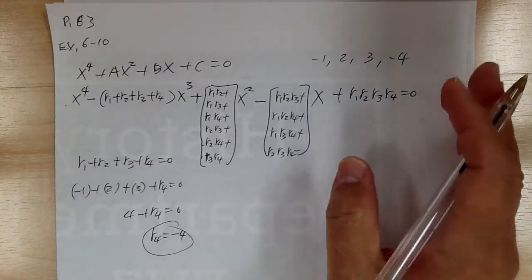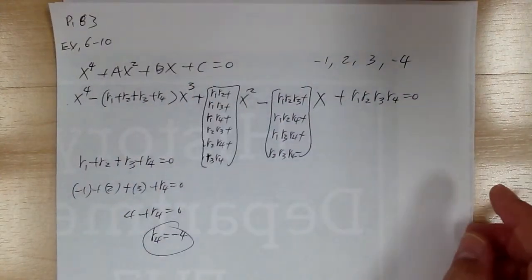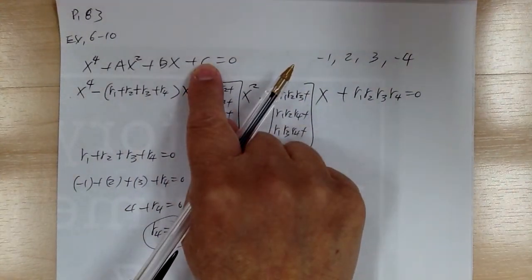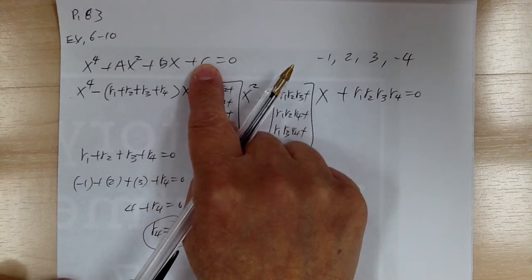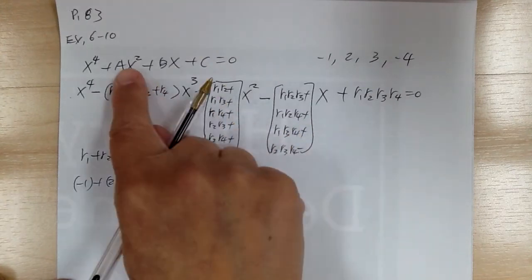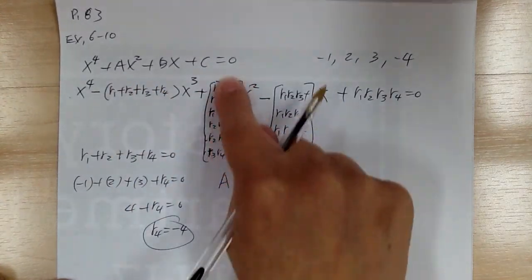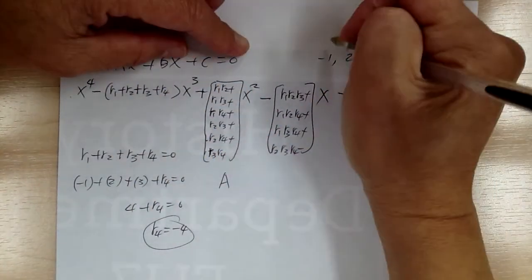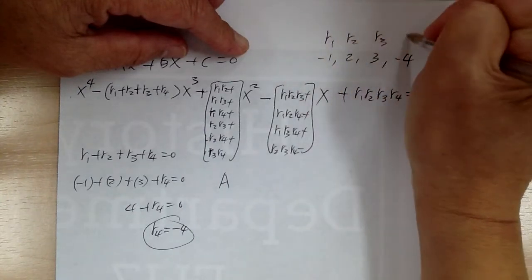Okay, now once we've found all the roots, we can solve for a, b, c. Okay, c is easier to find, but let's work it through. So a is the x squared coefficient, so a equals this over here. Okay, so these are your r1, r2, r3, r4.